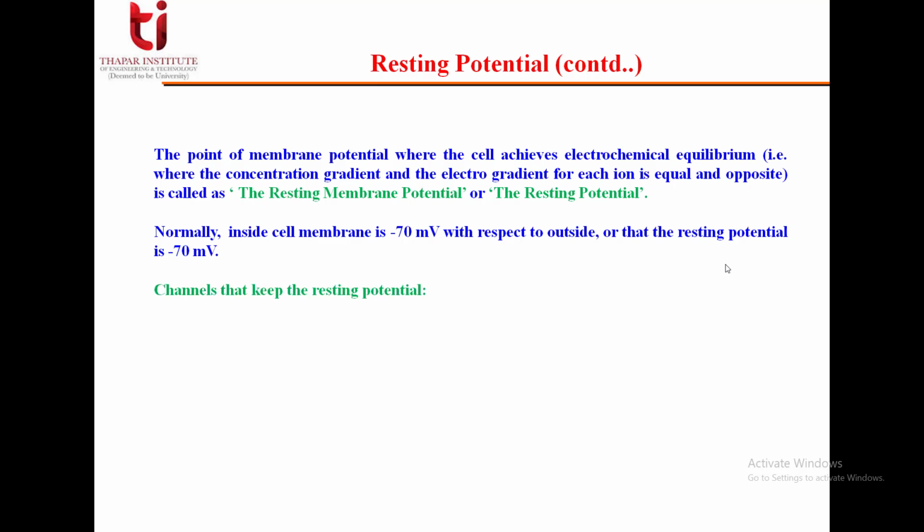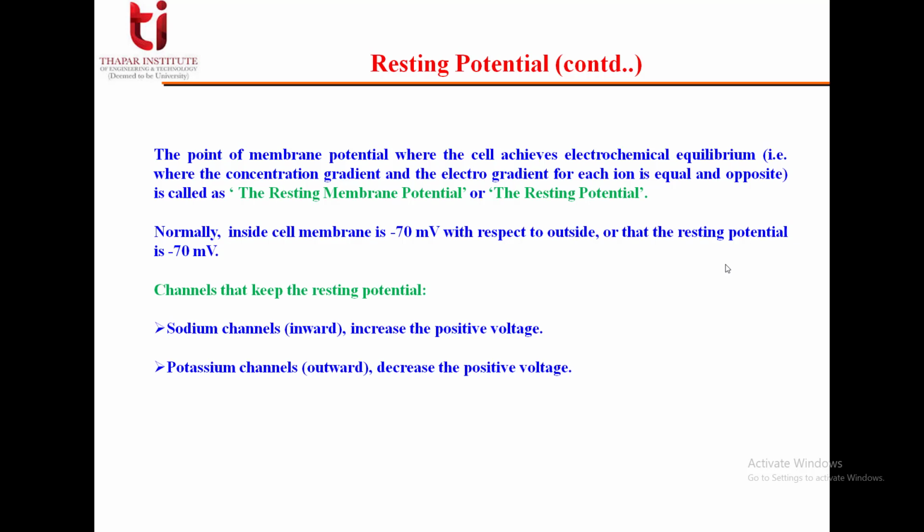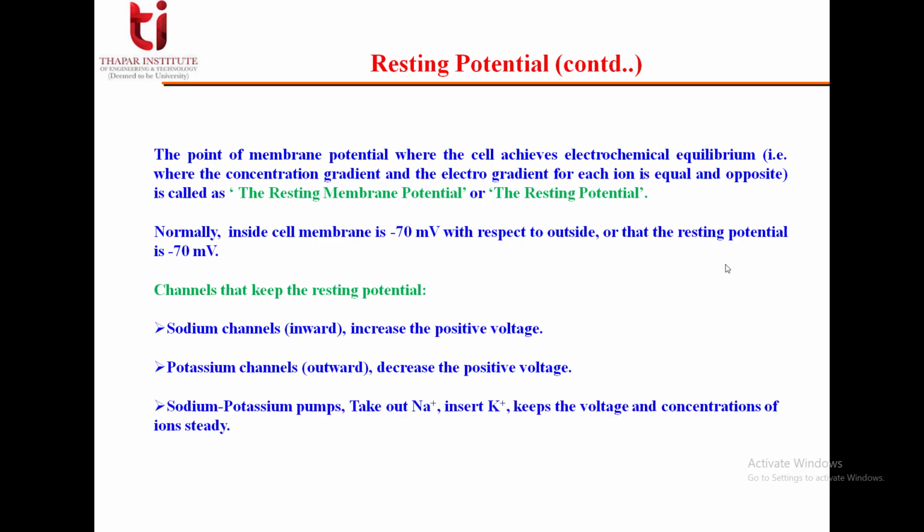Now, we have different channels which keep this resting potential. Sodium channels are inward in direction, and they increase the positive voltage inside the cell. Potassium channels are outward in direction, so they decrease the positive voltage inside the cell, making it more negative as potassium flows outside.